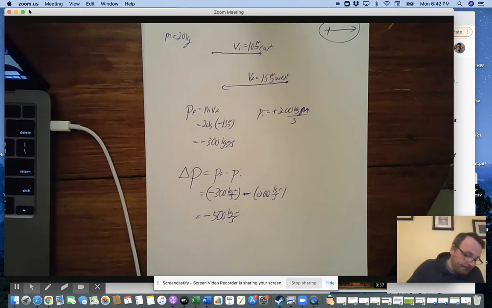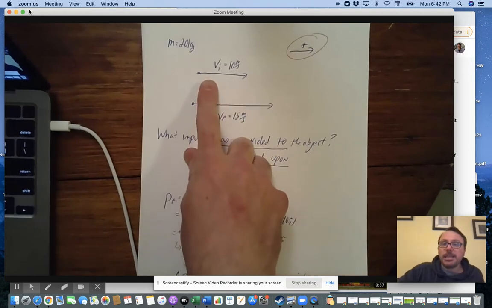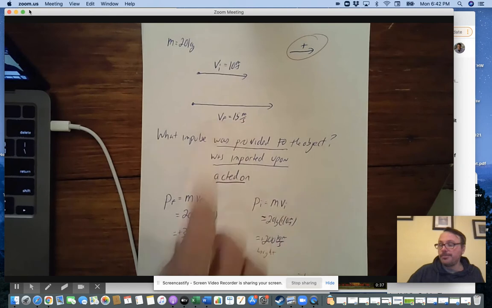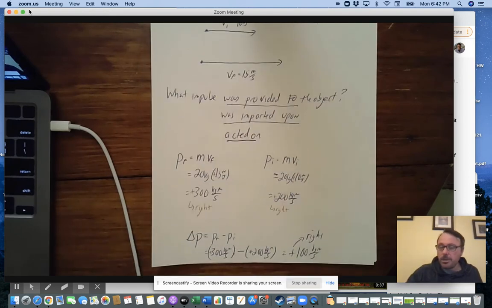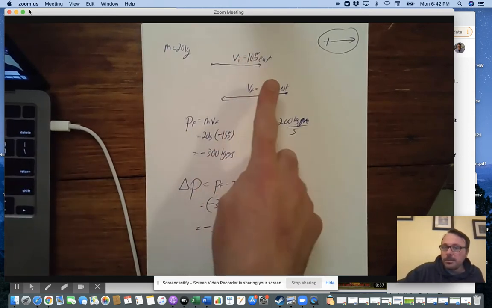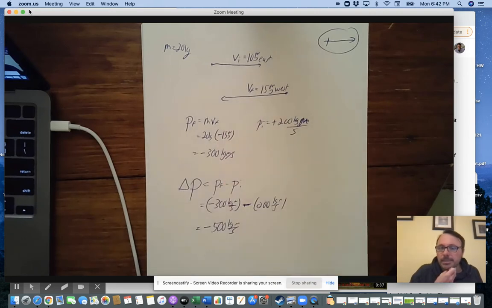Well, why? Well, here, all I'm doing is bringing this thing from going to the right to going to the right faster. Not a big change, right? But this one, I'm going from the right to the left, or east to west, however we want to frame this.